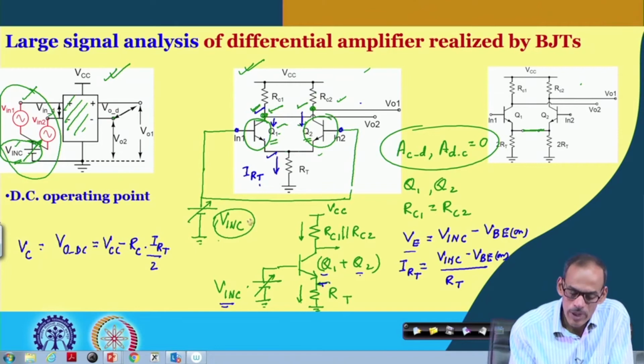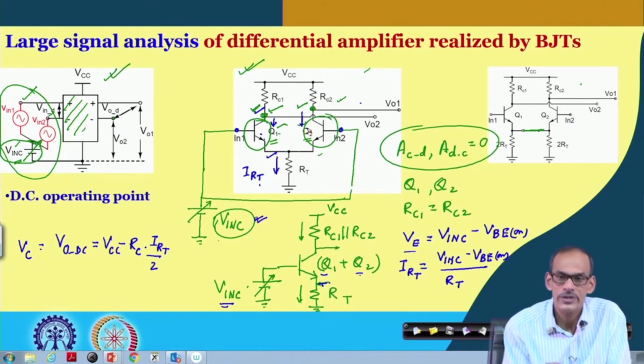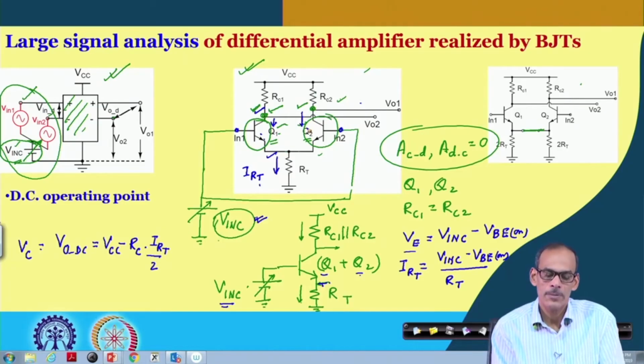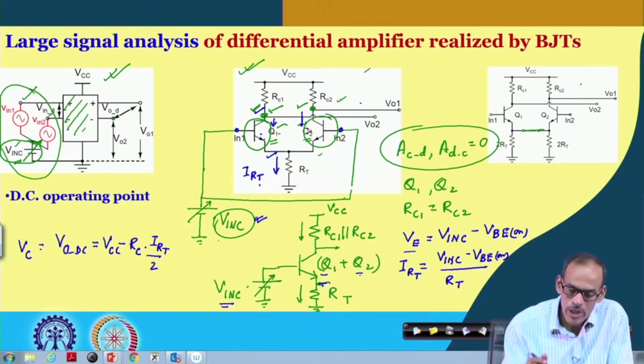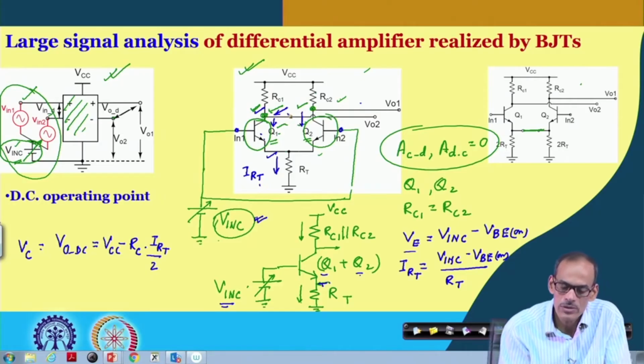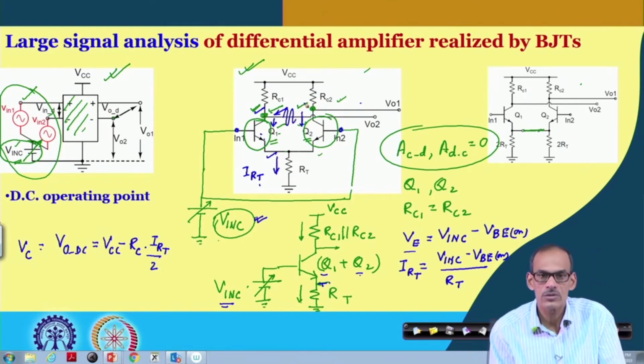So, now we have to apply a meaningful voltage here, so that both the transistors should be in the active region of operation. Not only should they be in the active region of operation, the voltage here should have sufficient room for the signal, so that we can have a good amount of signal amplitude it should be able to accommodate.